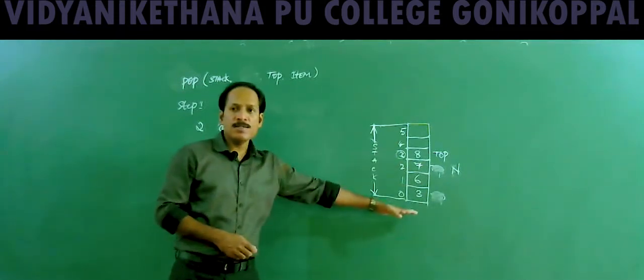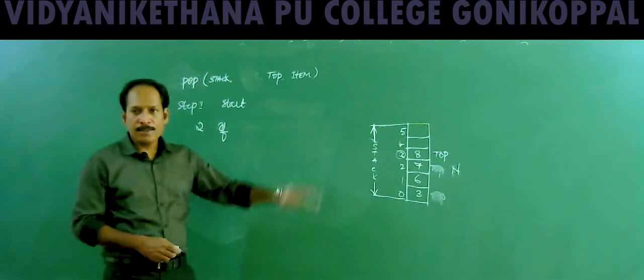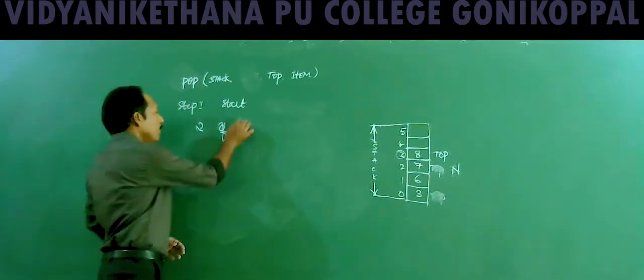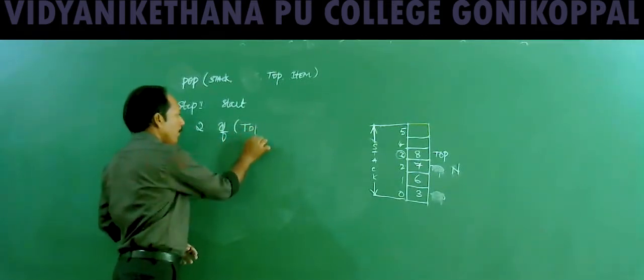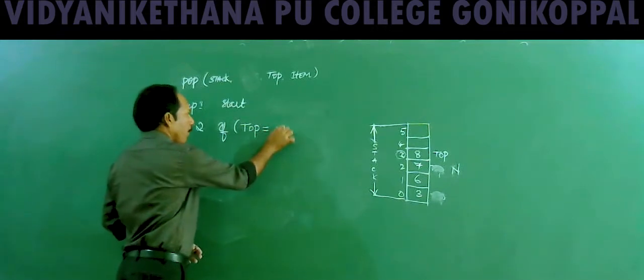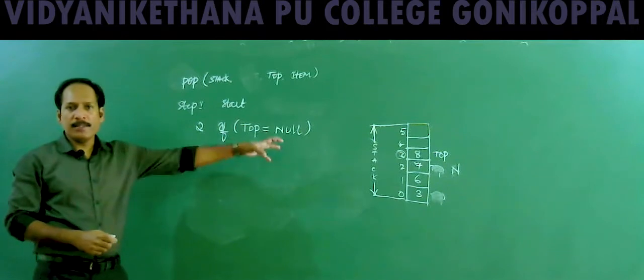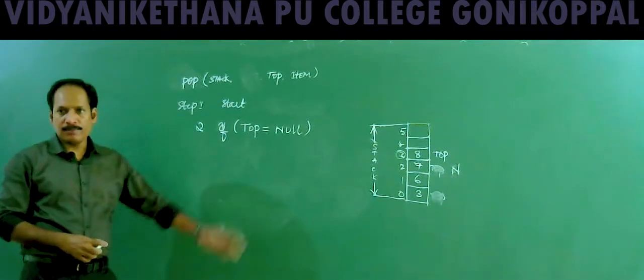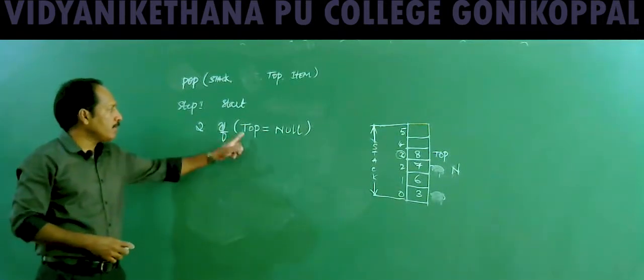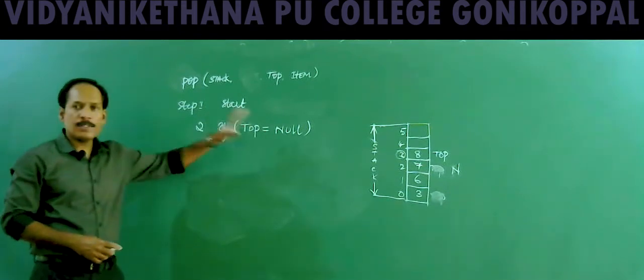Otherwise, it is definitely not pointing to the array. That's why in the algorithm we use top equals null. If it is null, it is not pointing to any position of the array.